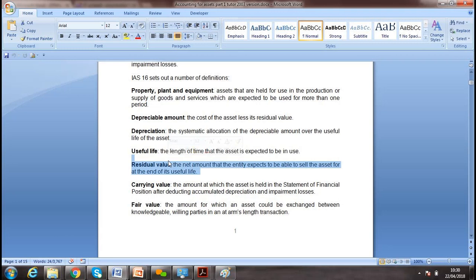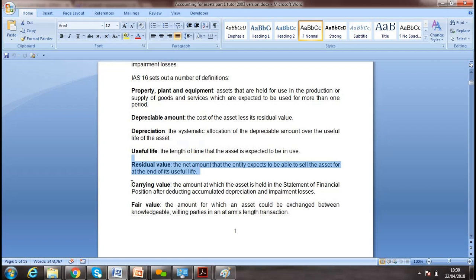After 10 years, we expect to sell that photocopier for 1,000 rupees, or 1,000 in any other currency, yen or dollars. That is my scrap value. The cost was 10,000 and we can recover £1,000, so we need to depreciate 9,000. If we're doing straight line, we can divide. I'll give you examples.